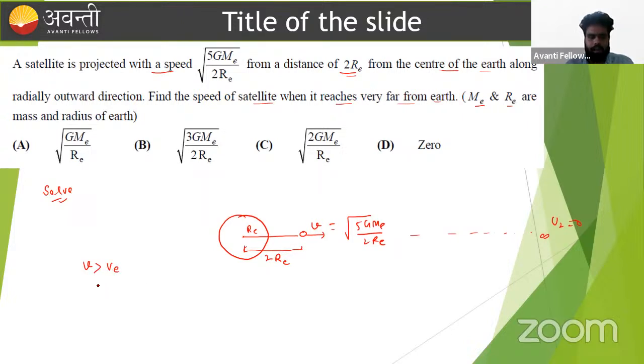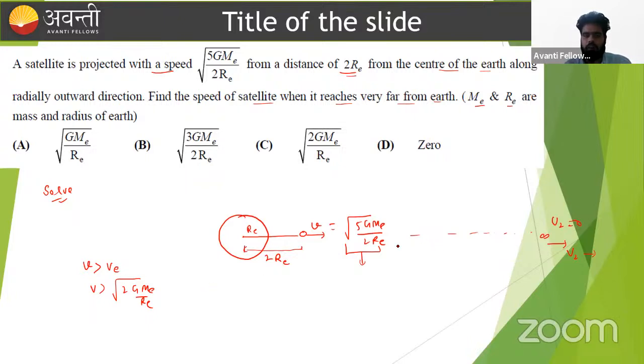The escape velocity at Earth's surface is under root 2 GME upon RE, and here under root 5 by 2 is given, which is greater than the escape velocity. It means the satellite has some extra kinetic energy compared to escape velocity, so at a far away point from the Earth it must possess some kinetic energy.